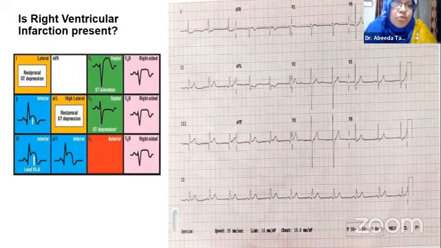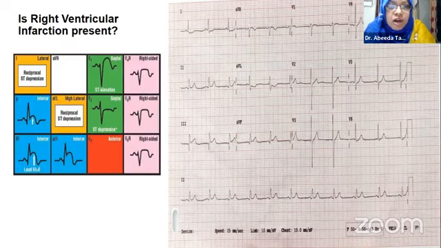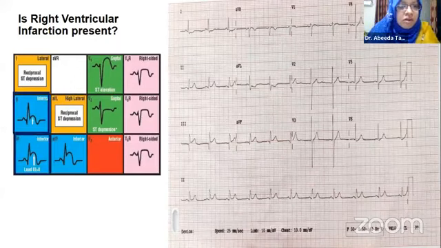We know that in right-sided ECG, if there is ST elevation in V4 to V6 right-sided, we can call it right ventricular infarction. But unfortunately here we could not show you.